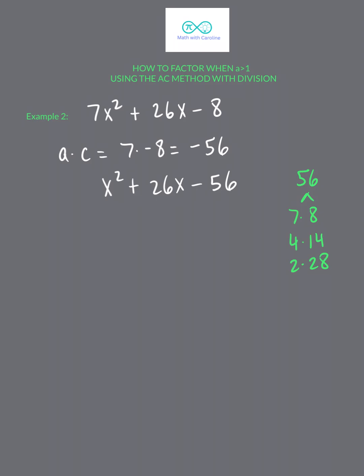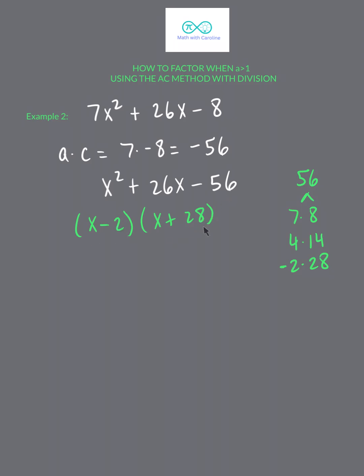Since the 26 is positive, the 28 is going to be positive, and the 2 is going to be negative. So those are our two numbers that we will put in our parentheses: x minus 2 times x plus 28. That would give us a positive 26x and a negative 56 if we multiply this back out.